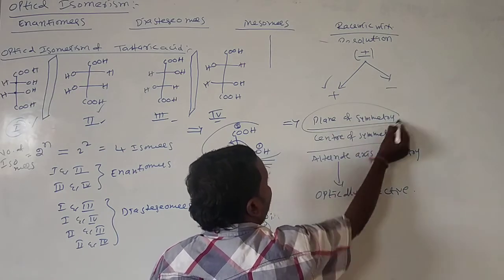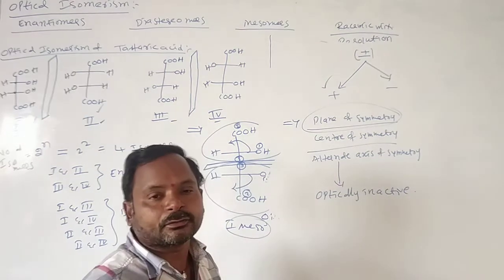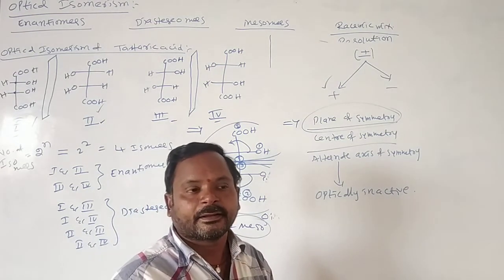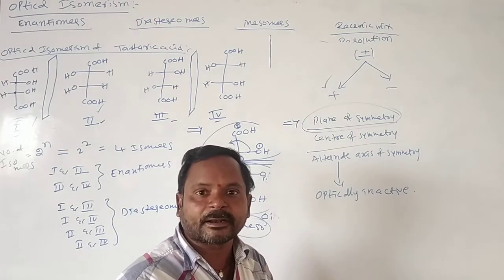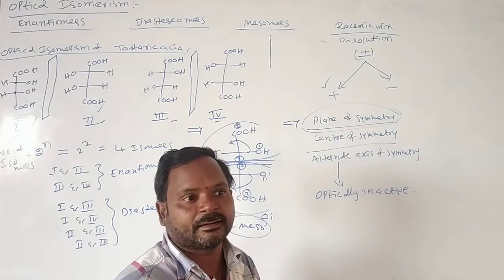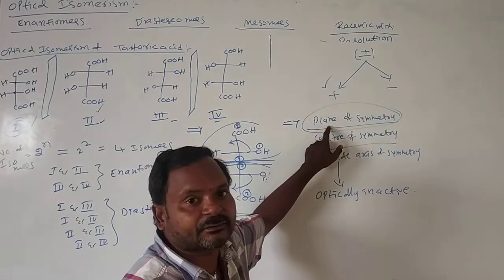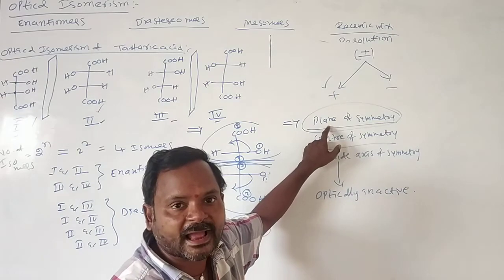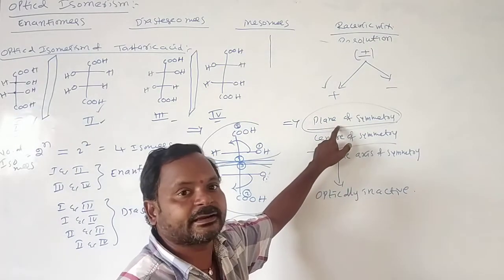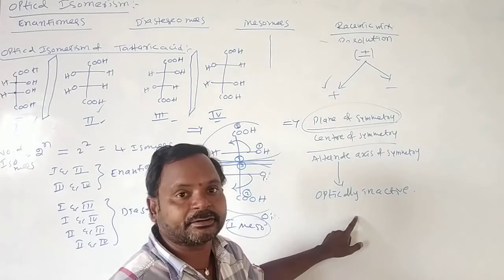What is a plane of symmetry? If a molecule can be cut into two equal halves through a plane, it may be a vertical plane, a diagonal plane, or a horizontal plane, we call it a plane of symmetry. If any molecule has a plane of symmetry, that molecule is optically inactive.